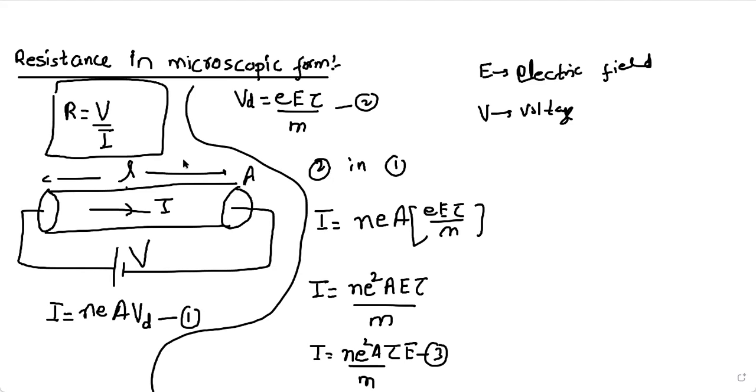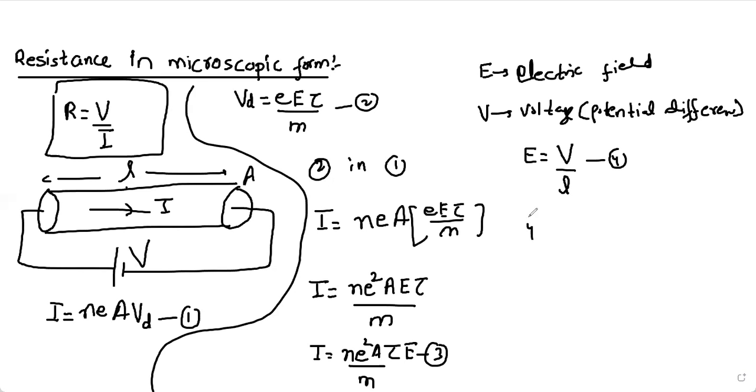V is voltage, potential difference. So E is equal to minus dV by dl, the gradient of potential. We have used this relation in capacitance several times. E is V by L. Electric field is the ratio of potential difference and length.